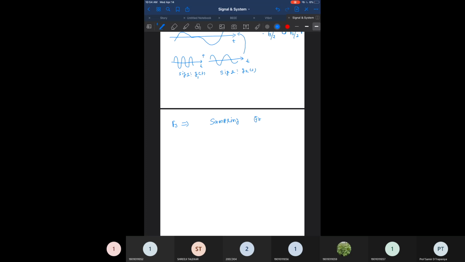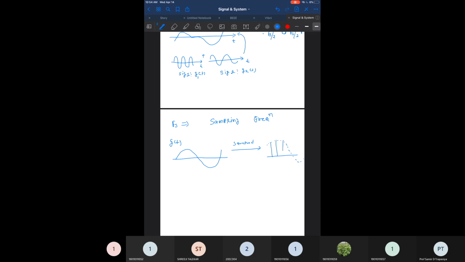We cannot represent any signal which is continuous in nature in MATLAB, because for continuous signals we require an infinite number of samples. So first what we do, if we have this signal g of t, we will sample the signal. After sampling, the signal will look like this form.